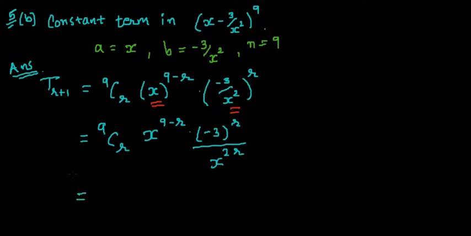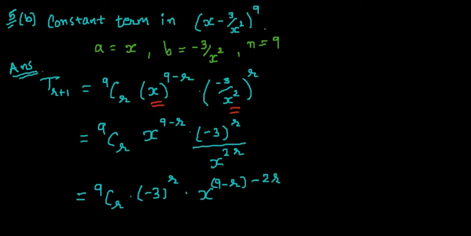There are two places again where we can see r. I write 9Cr first into minus 3 raised to r, that is a constant value term. Now there are two terms remaining, and they are of x. By laws of indices, x raised to the numerator has 9 minus r power. From that I have to subtract the power of the denominator, that is 2r.